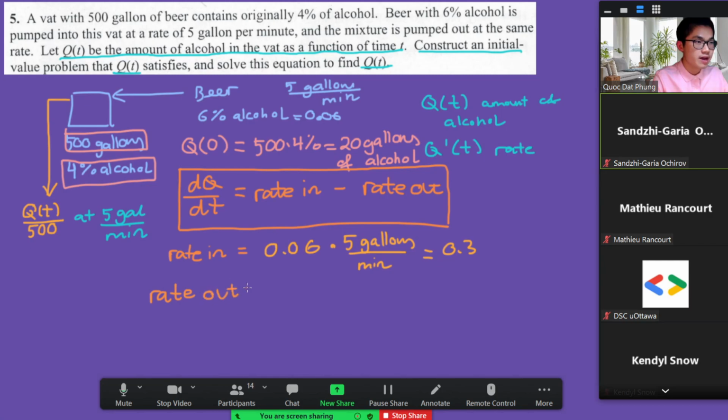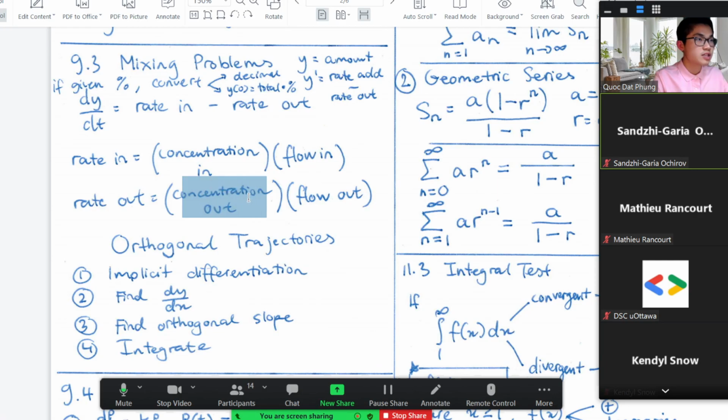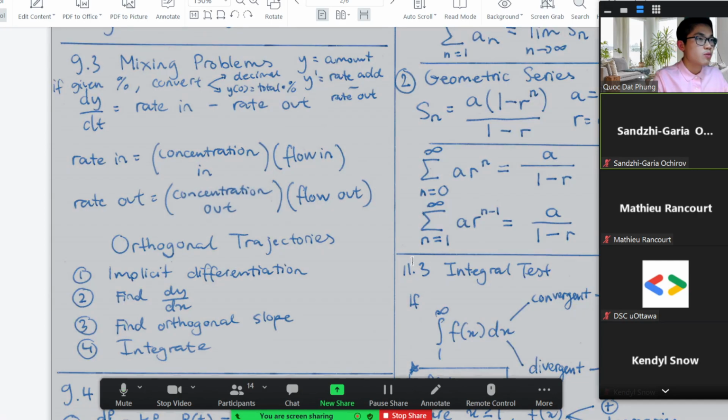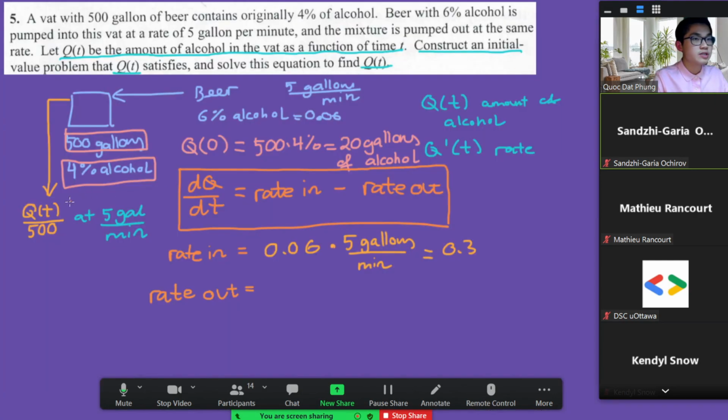So what's the rate out? Let's see from the formula, what is the concentration that's going out? Well, that's the amount of alcohol over 500 gallons. So the concentration that's going out is this, times the rate that's going out.